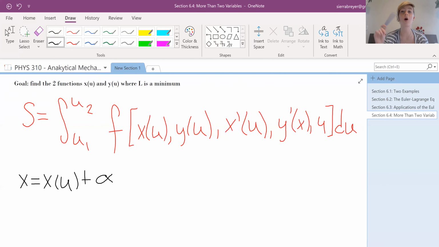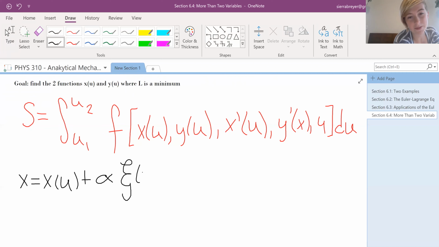Hey, I'm back. Okay. We're going to call our second arbitrary function epsilon. And epsilon is still going to be a function of u.